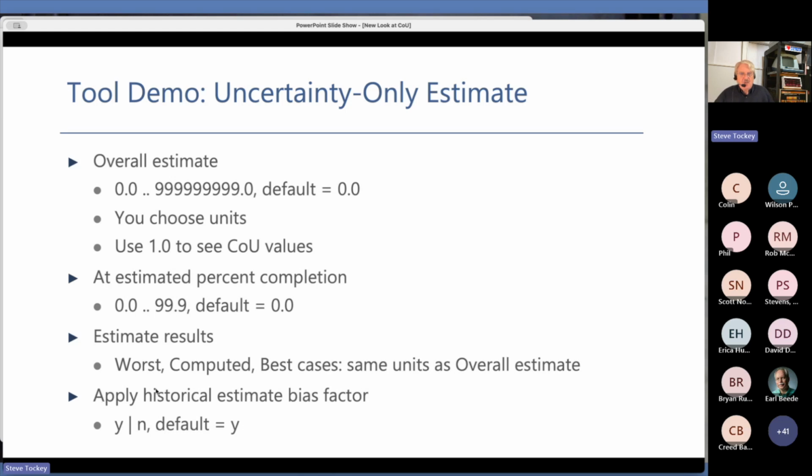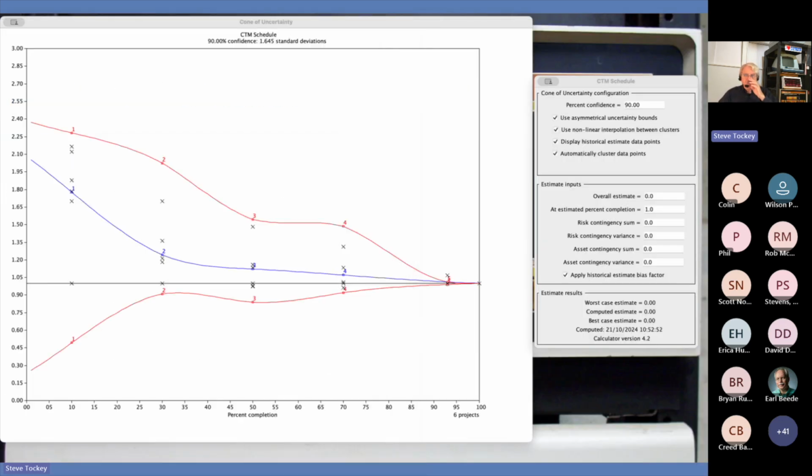And then there's this apply historical estimate bias factor. Let me explain here. Let's just say, for sake of argument, that we're 10% of the way into the project, and that we think this is a 20-week project at this point in time. I said I think it's as likely to be more than 20 as less than 20.